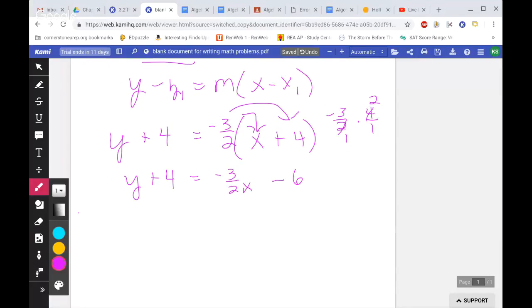Okay. And now we want to combine our constant term, which we've got one on the left. That's this +4. And in order to get it to the right, we have to do the inverse operation, which when it's +4, you need to do -4 on each side.